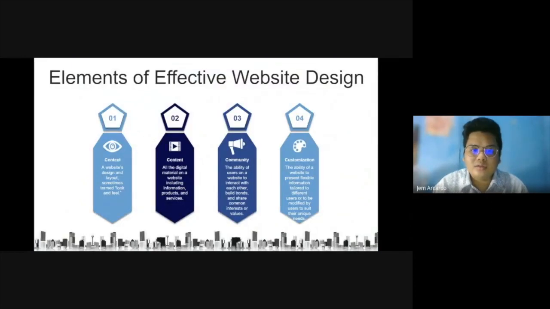These are the elements of an effective website. There are seven, and these are the first four. The first one is context. Context is the website design and layout, sometimes termed look and feel. It refers to the aesthetics, or how pleasing it is to the eye.